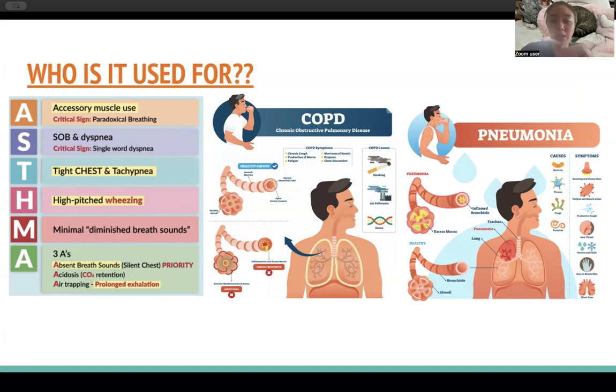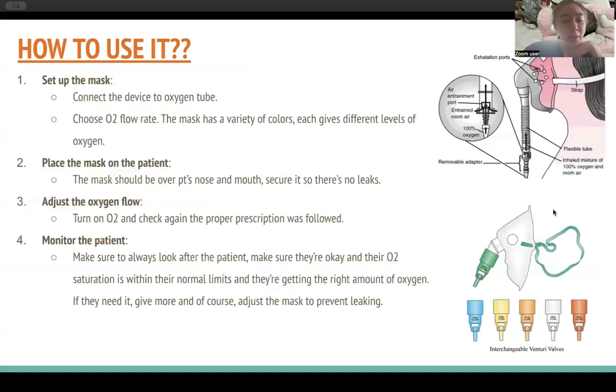For COPD, too much oxygen could potentially stop the patient's breathing, and that's why the Venturi mask provides just the right amount. With pneumonia, the Venturi mask just helps with a steady flow so that the patient can breathe a little bit better.